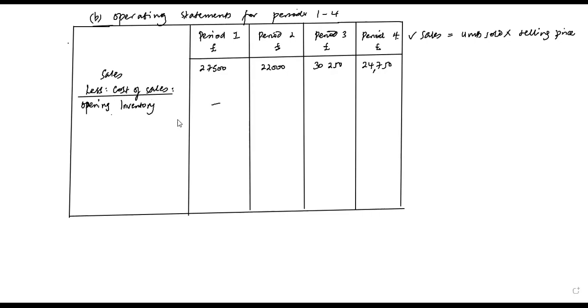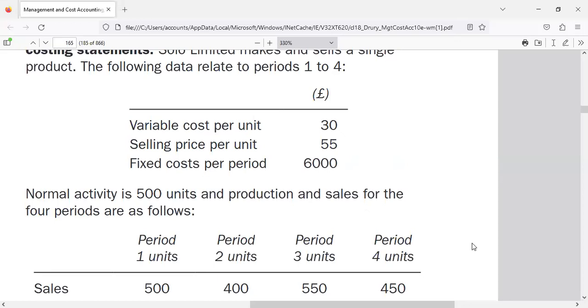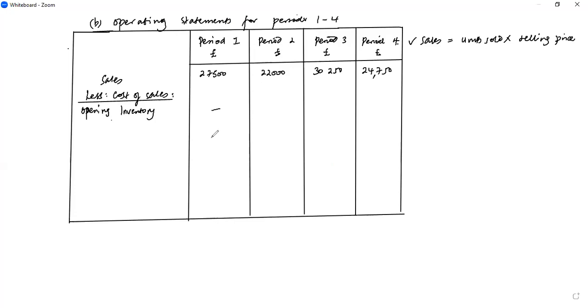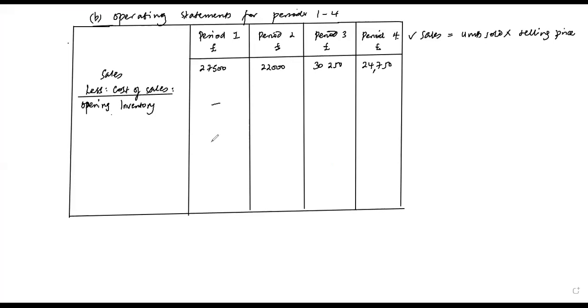We are told that there were no opening stocks at the start of period 1. So I'll just put 0 or a dash in period 1 to show that there was no opening stock.